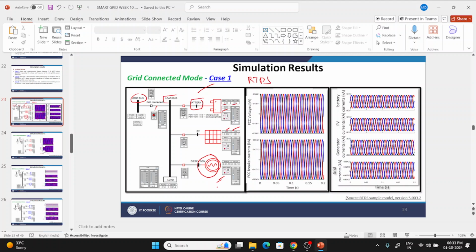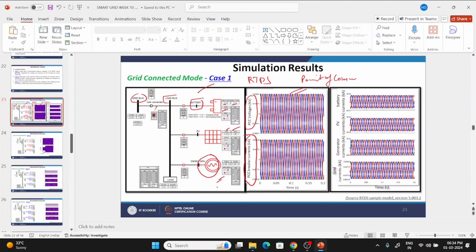If we analyze the PCC voltage, this set shows the PCC voltages. PCC means the point of common coupling, and it is connected through a breaker, so it will show the variation of the PCC breaker current.